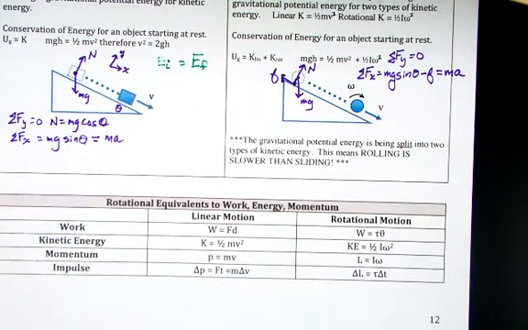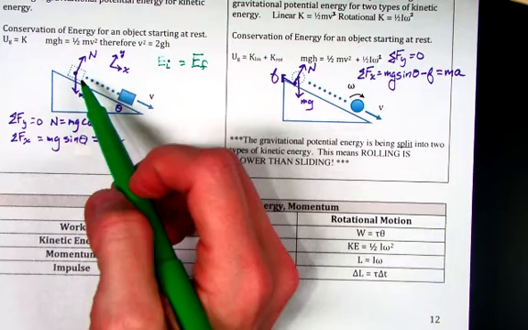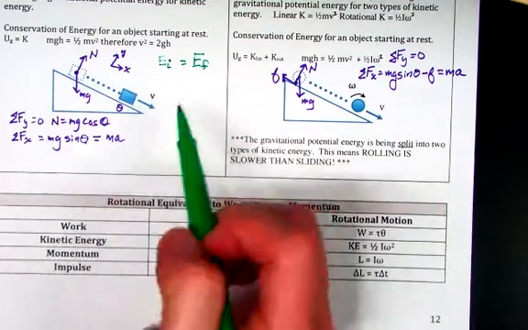Now, how many mechanical energies do we have to pick from? We have 3. Do you remember what they are? Your elastic potential from a spring, your gravitational potential from height, and your kinetic from motion. Now, at the top, we're starting at rest, and this is going to slide down.